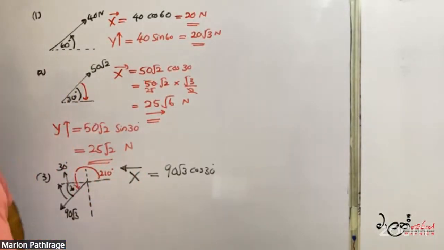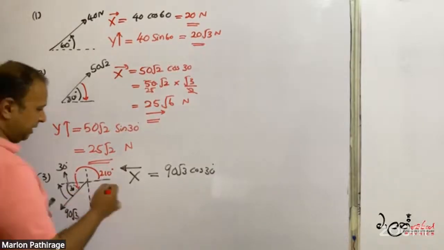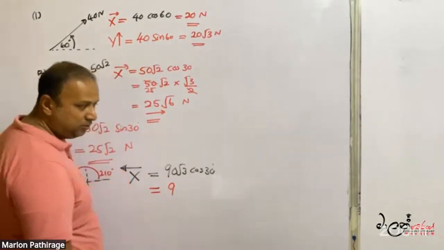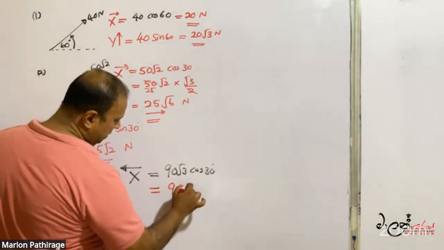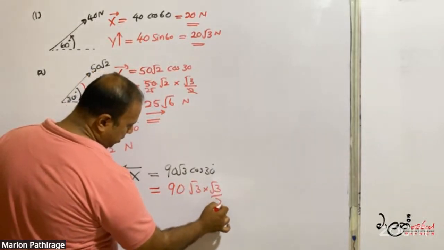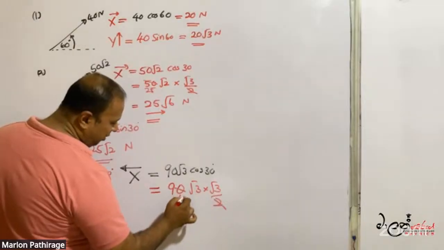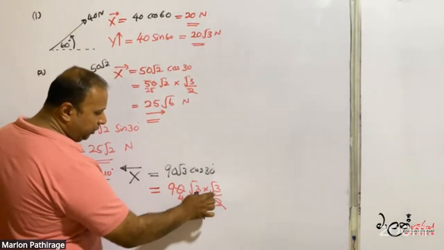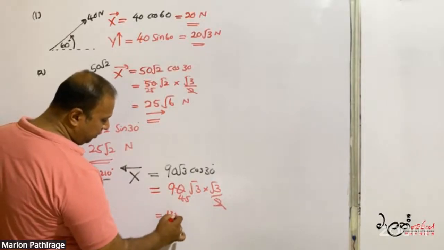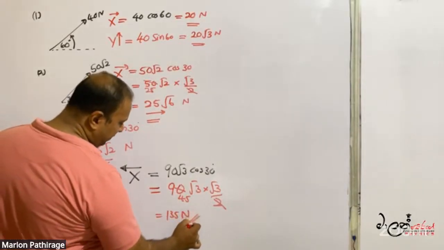Then 90 root 3 cos 30 means root 3 over 2. The 2 and 90 will cancel out to 45. Root 3 into root 3 means 3. 3 into 45 means 135 Newton in x direction.